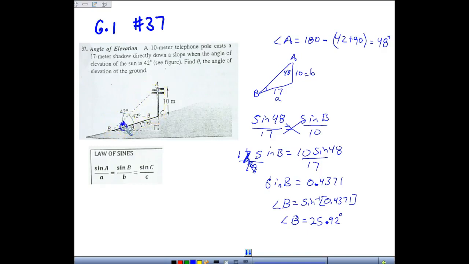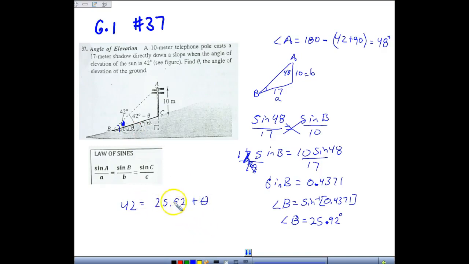Now we know that all of angle B from the right triangle is equal to 42, and since we know that the smaller b is 25.92, I'll be able to figure out theta using this equation. The whole angle there is 42, and that has to be made up by the 25.92 that we just found, and the theta on the bottom.